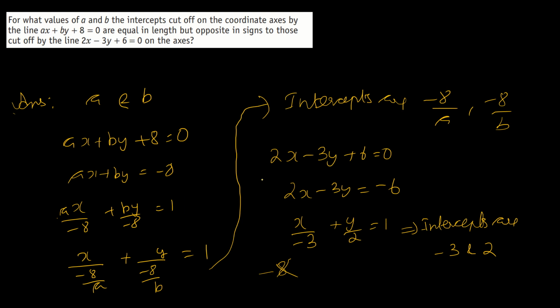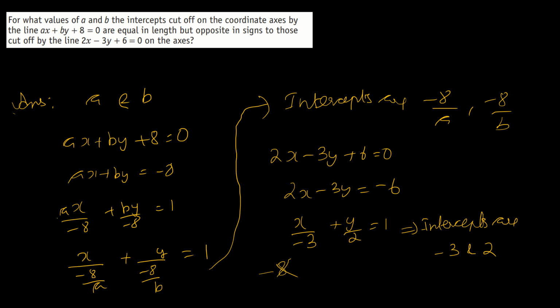Like it is already mentioned, the question says the intercepts are cut off by each other. So first of all, we have to make the two given equations in intercept form. Then we collect the x-intercept and y-intercept of the first line and the x-intercept and y-intercept of the second line. The intercepts cut off on the coordinate axes by the lines mean that the x-intercept of the first line is equal in length but opposite in sign to the x-intercept of the second line.